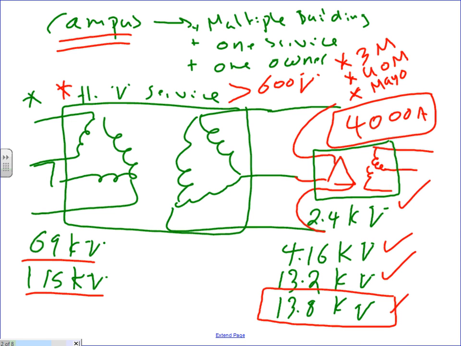Multi-campus buildings, just because the load is so big and the distances between the buildings are so far, it justifies using a higher than 600 volt system. So here's a typical higher than 600 volt system. Actually, there's a transformer sitting right in the back of your building.